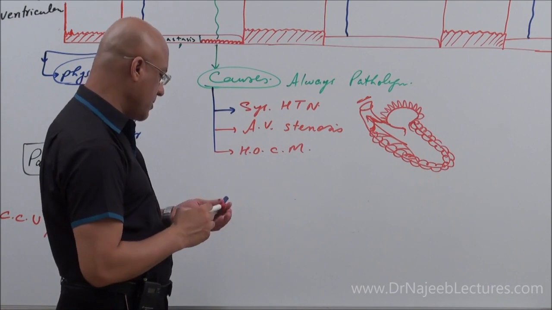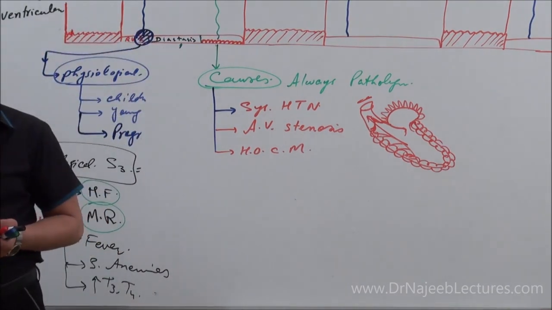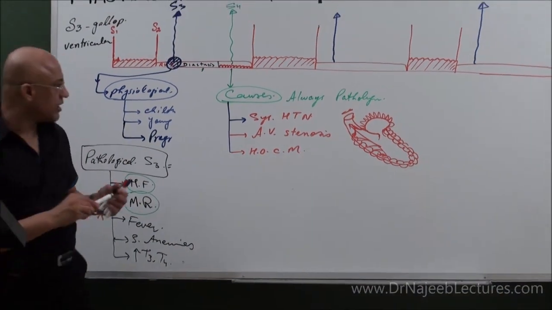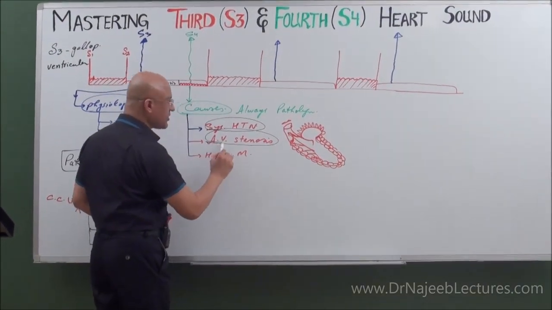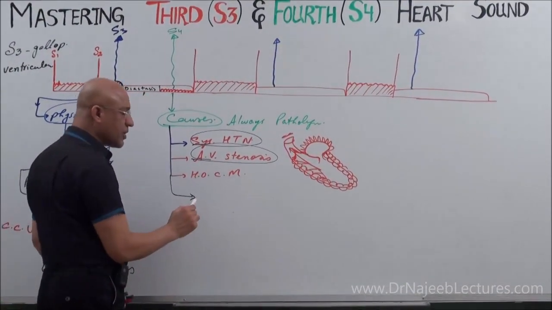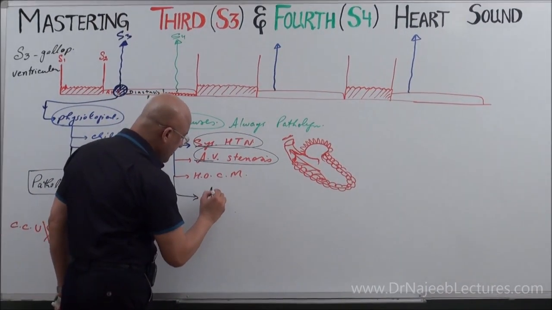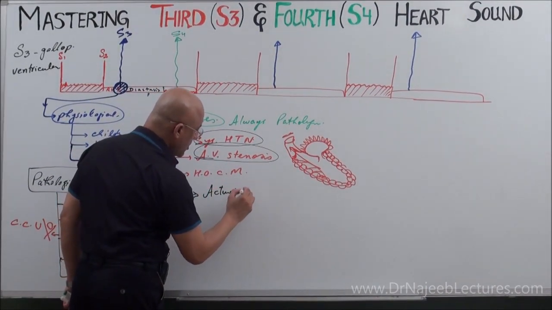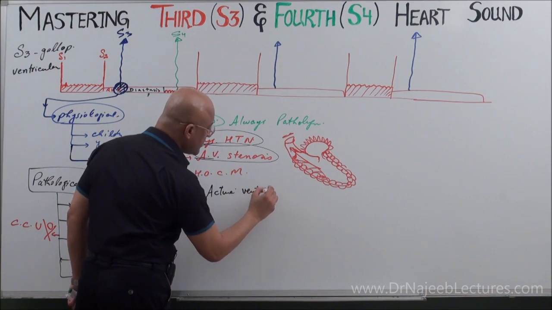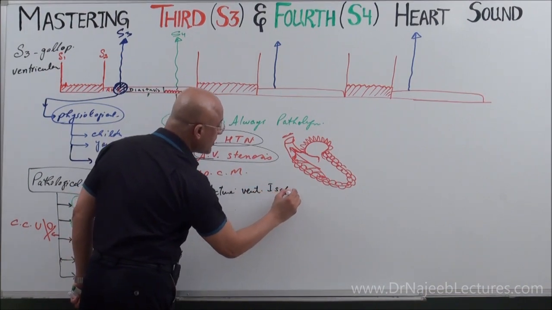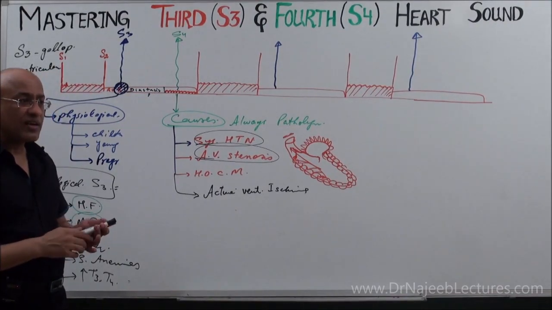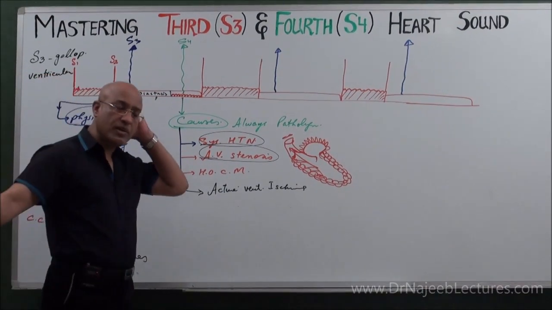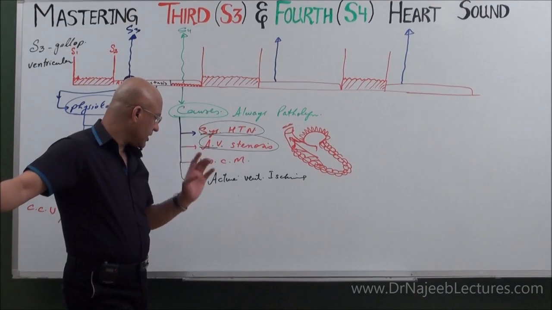But if you want to remember only two or three causes, you must remember systemic hypertension, aortic valve stenosis, and third, very important, active ventricular ischemia or recent MI or a patient with severe angina, right, especially unstable angina or crescendo angina.